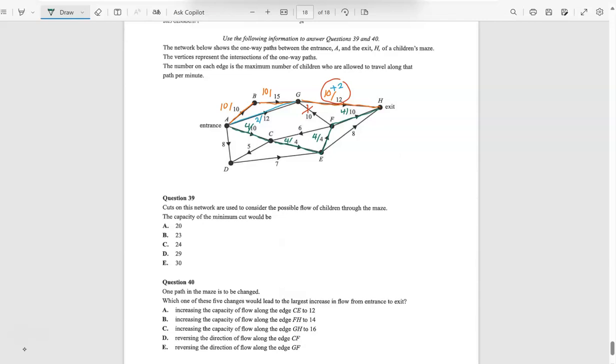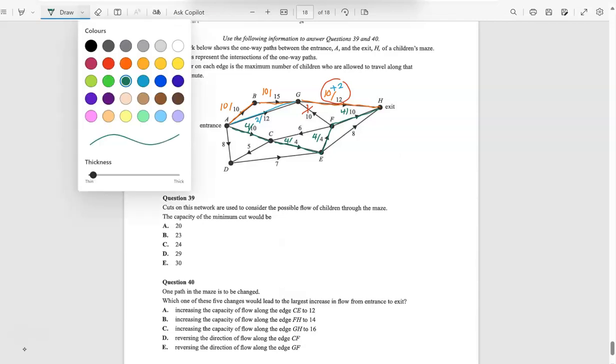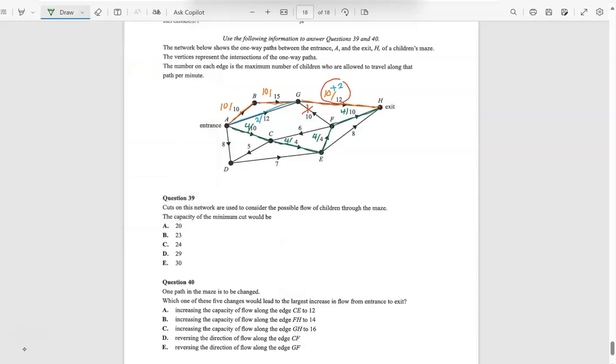All right, now if I'm still using some of this 10, I've got 6 left, but it comes along and it could go along here, which means it's dropped to 5, and that means there's 5. So I got 5 through there. This was full, and I've added 5 there. So now that's complete.